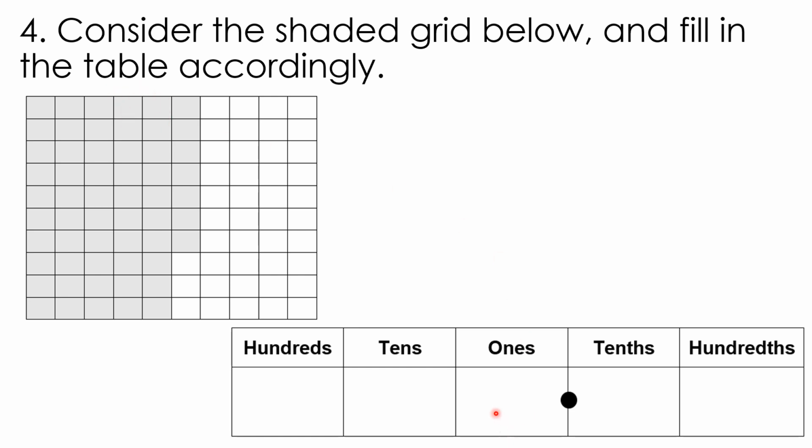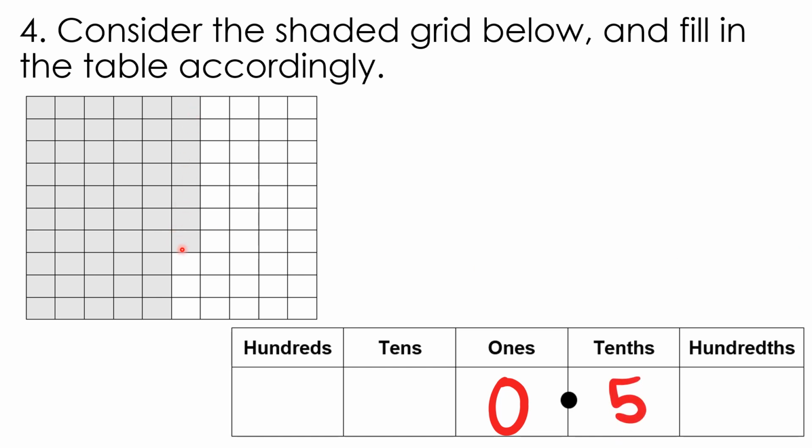All right, so we've got 0 in the ones place because we do not have an entire flat shaded. We just counted. Naturally, I've already forgotten. Just count again. 1, 2, 3, 4, 5. 5 rods. So we've got 5 in the tenths place.